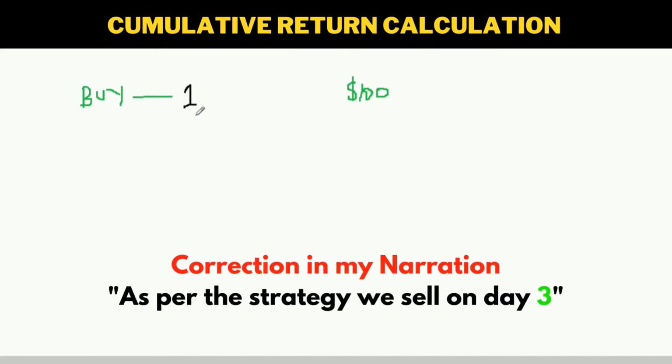Now, let's quickly look at how the cumulative return is calculated. So, assuming we start off with $100 in this trading strategy, and this is where we get our first buy signal. All right. So this becomes day 1. And as per the strategy, we're going to sell on day 3. As soon as we got a signal, we invested $100 into this strategy.